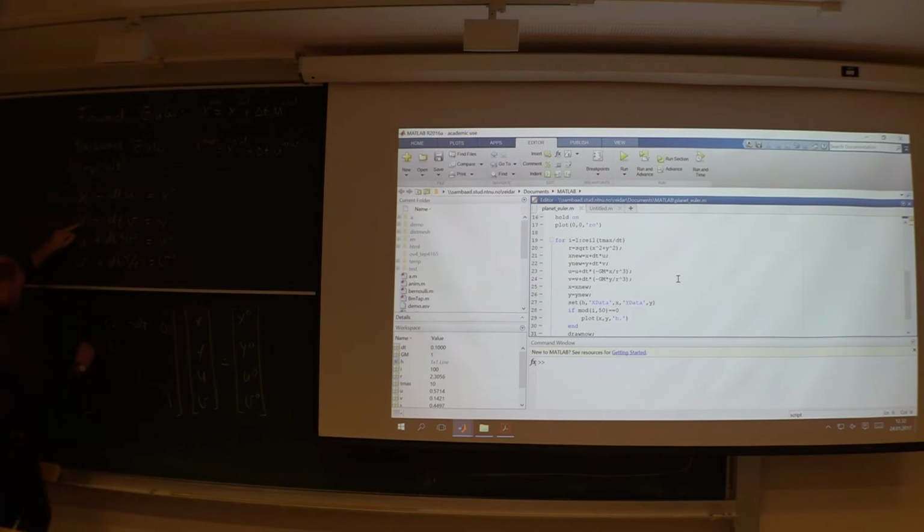Here, no x. 0, I will have the y, no u, but I will have the v, minus dt, and so on. Here I will have x over radius 3, and then the y is 0, I have 1 for u and nothing for v.